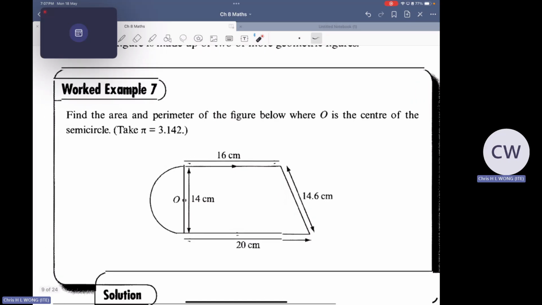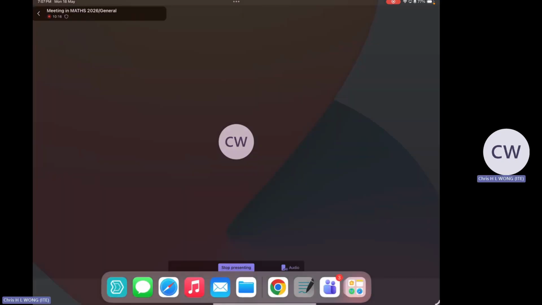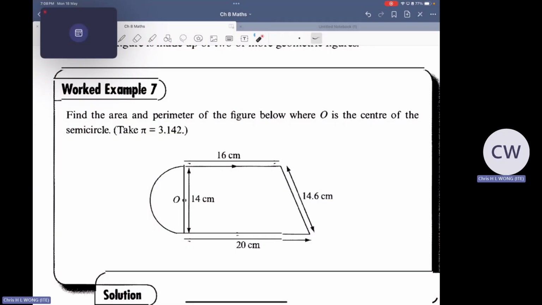So let me write. Area of trapezium equals half A plus B times height.